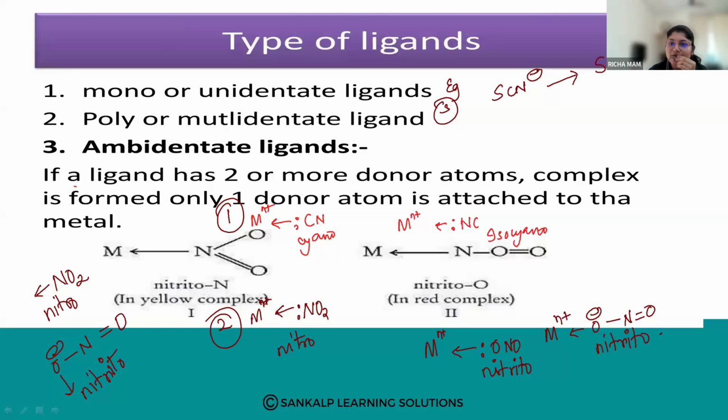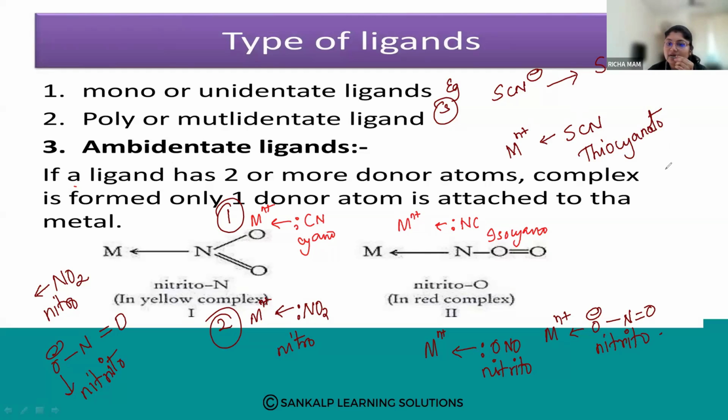It can coordinate from sulfur and it can also coordinate from nitrogen. If it coordinates through sulfur, it forms thiocyanato.